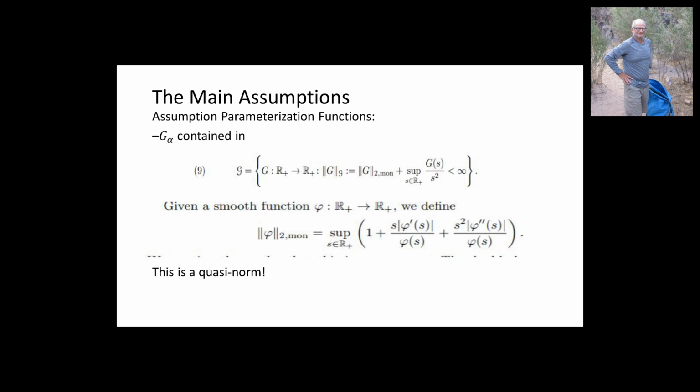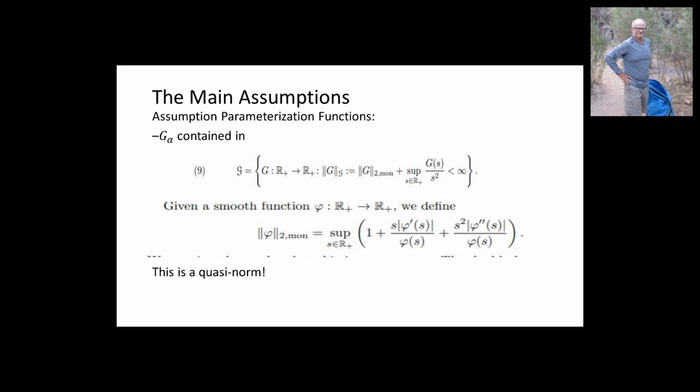These are all controlled by a certain quasi-norm. We look at the quasi-norm, which is equal to G(s) divided by s squared, where s is just some parameter. Again, remember that these G's are functions from the positive real numbers to positive real numbers.